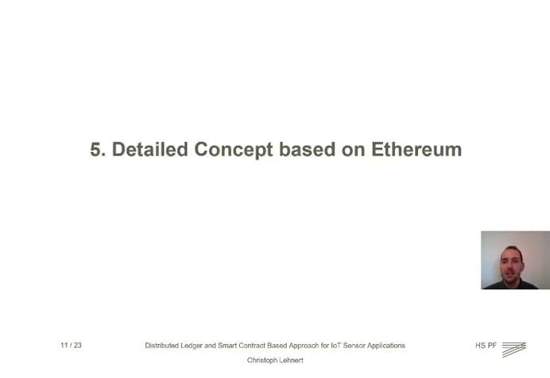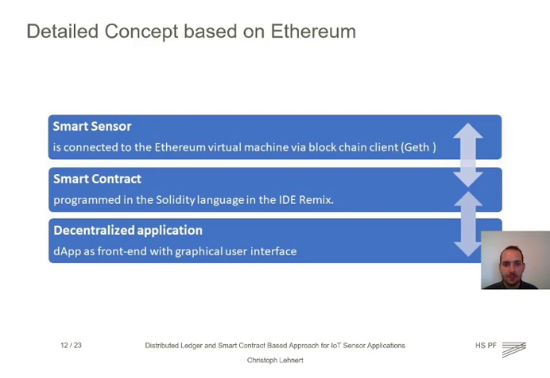The detailed concept based on Ethereum consists of the system architecture, which is divided into smart contract, decentralized application, and smart sensor, similar to the graph on slide 8. To send measured sensor values from the smart sensor to the blockchain, Geth is part of the concept for this purpose.